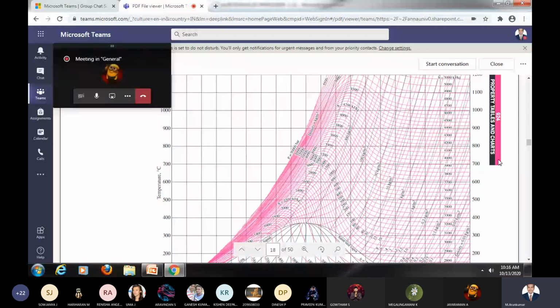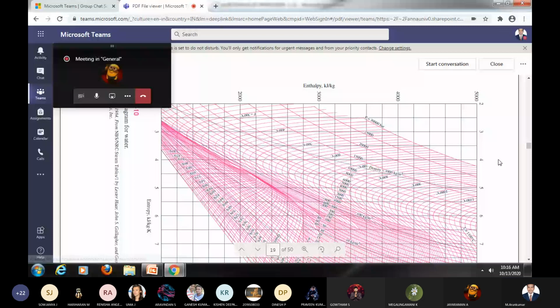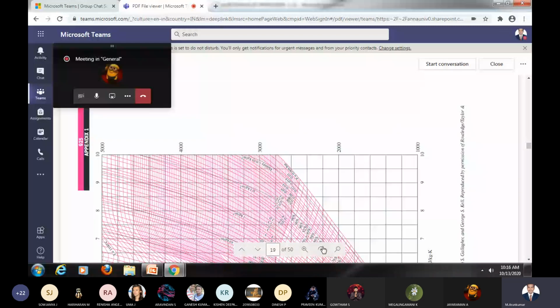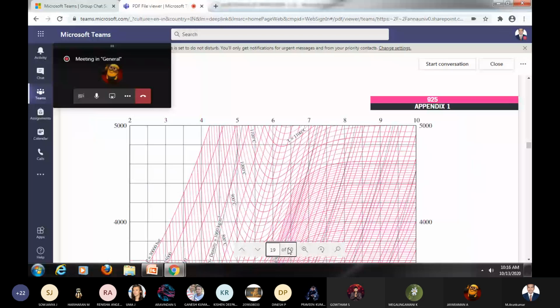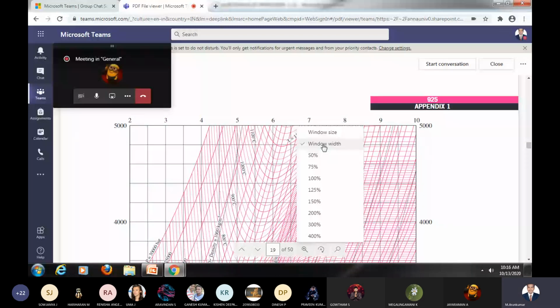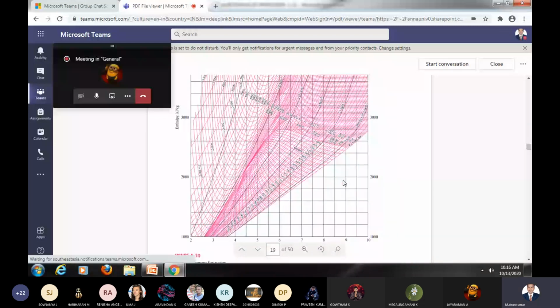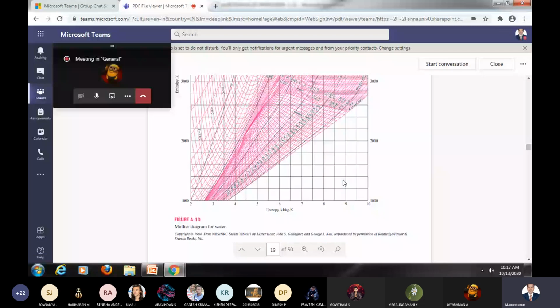For steam, we also have the Euler chart, the Euler diagram. Actually, wait a minute. Right. So this Euler diagram is the HS diagram, the enthalpy-entropy diagram. The H and S diagram can be called the Euler diagram.